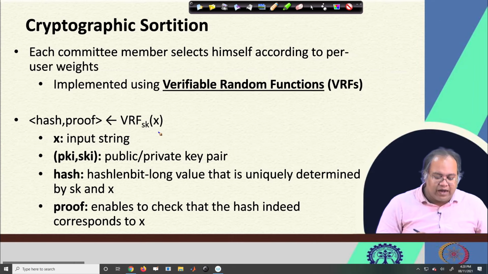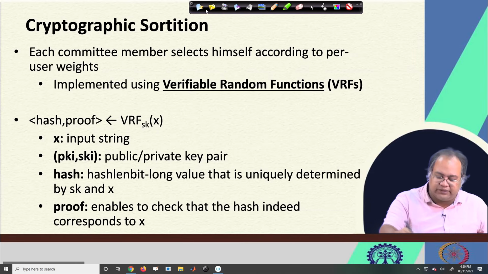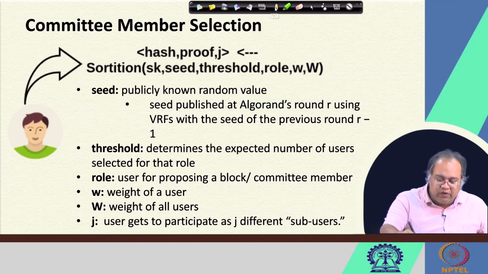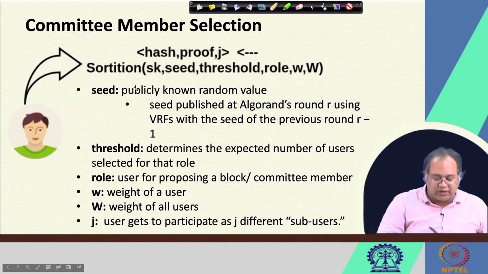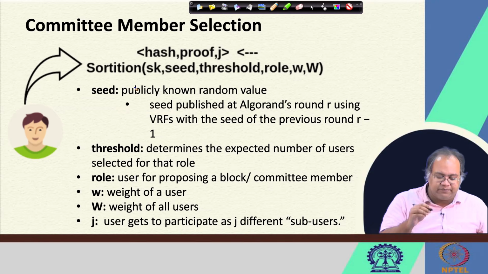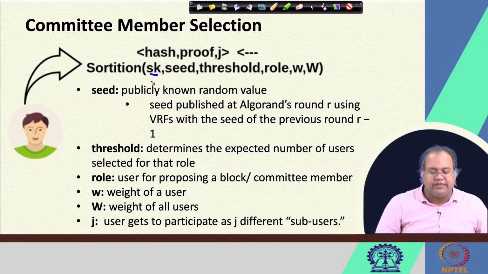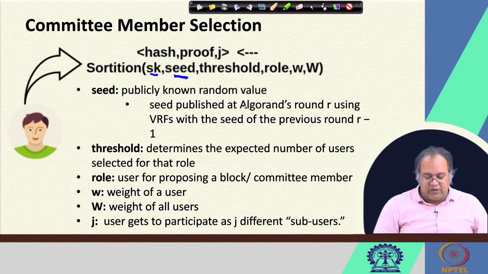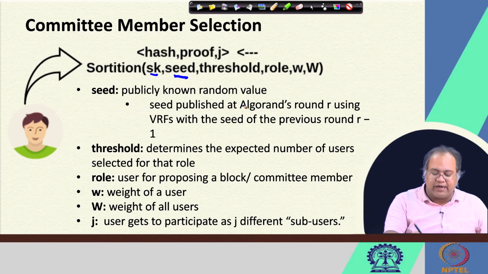Now, how does the algorithm work? To select the committee members, every node runs this cryptographic sortition mechanism. That means it executes the verifiable random function with these parameters: sk, its private key, and a certain seed. This seed is a publicly known random value, the seed published at Algorand's round R using VRF with the seed of the previous round.